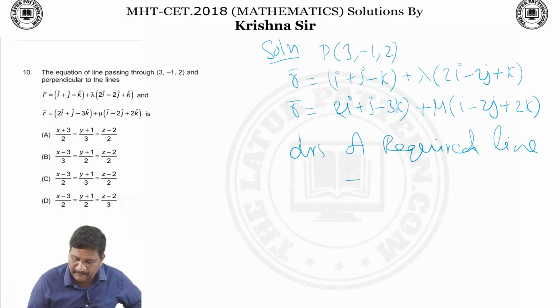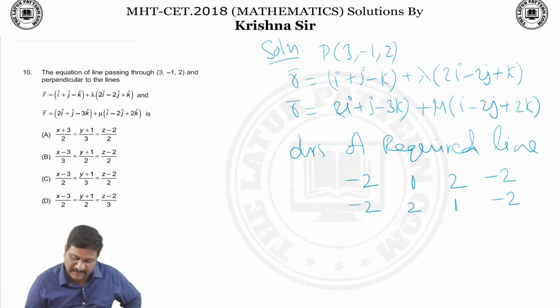That is minus 2, next k coefficient 1, and here i coefficient is 2, here j coefficient is minus 2. Similarly from the second vector, j coefficient minus 2, here 2, and here i coefficient is 1, and here it is minus 2, and we take the normal DRs as A, B, C.